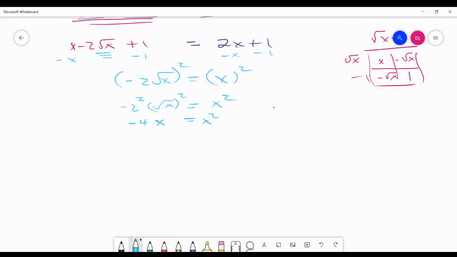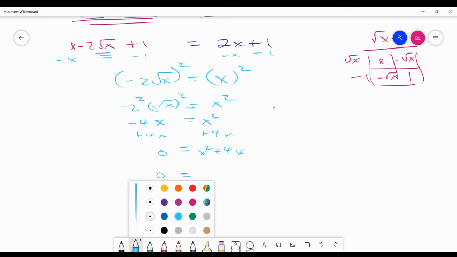So now I've got these two pieces here. So this is where our factoring comes into play. I'm going to add 4x to both sides. Now I get x squared plus 4x equals 0. And since it's set equal to 0, I can factor it. So I am going to factor using a greatest common factor.